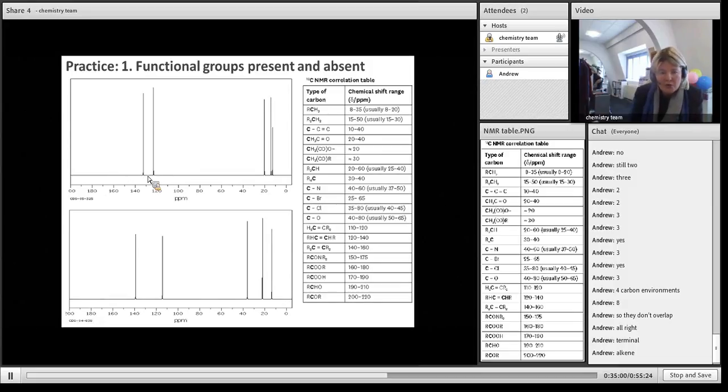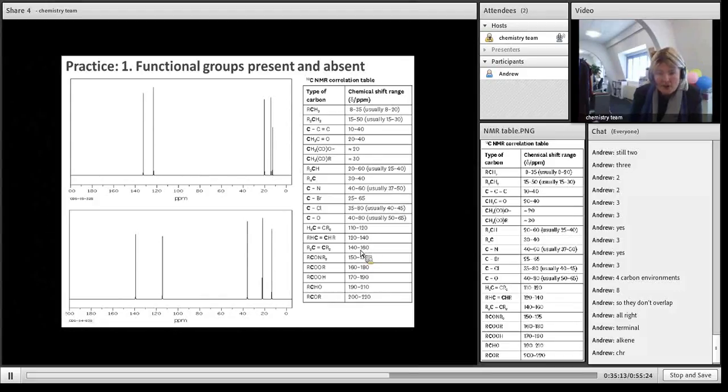Do you think both carbons have got a CHR attached? In other words, is it this terminal alkene? Is it a CHR or is it a CR2? It's a CHR. And compared to down over here, that's definitely a terminal alkene because it's below 120.